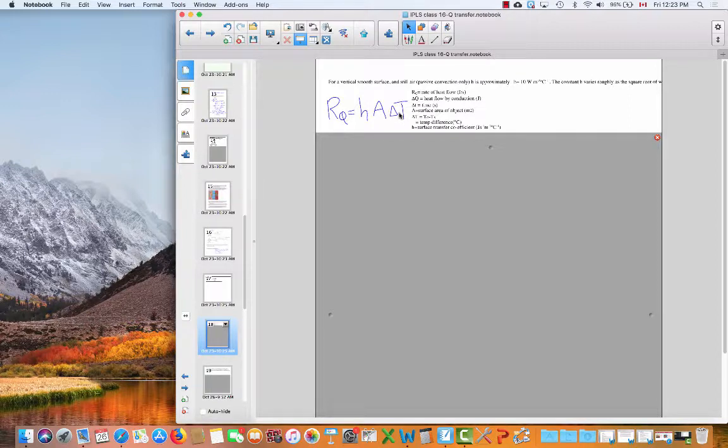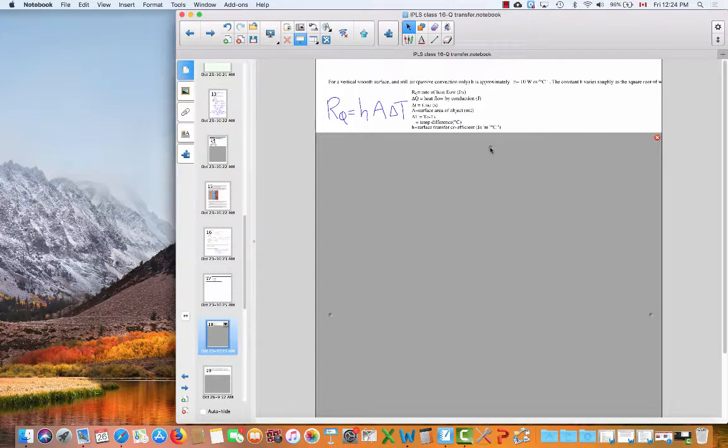It should depend on the temperature difference between the object and the fluid. And finally, there's a parameter that reflects how readily the surface transfers energy to the surroundings. So this involves the conduction somewhat of the thermal energy through the boundary layer, and then also how readily the fluid is able to move the energy away from the hot object.